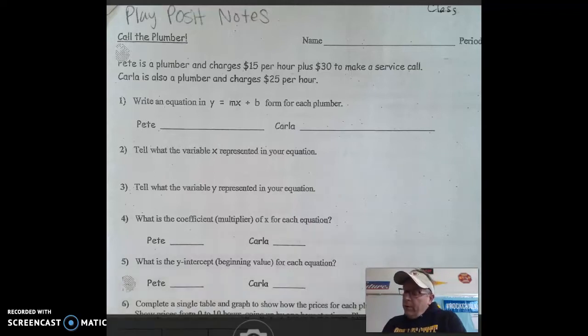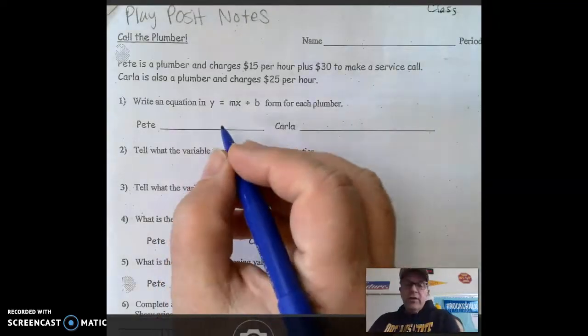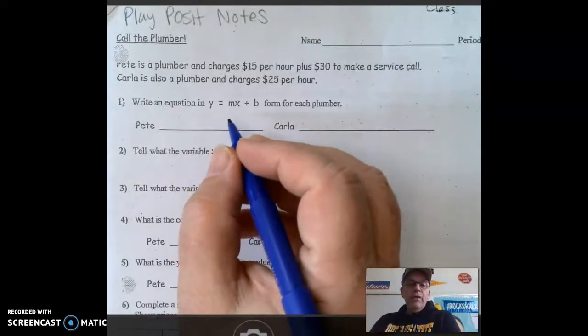So on our first one, Pete is a plumber. He charges $15 an hour, plus $30 to make a service call. Carla's a plumber and she charges $25 per hour. We want to write an equation in slope-intercept form for each person.